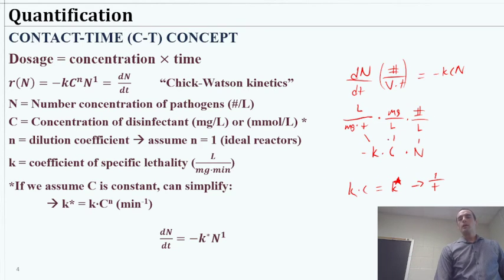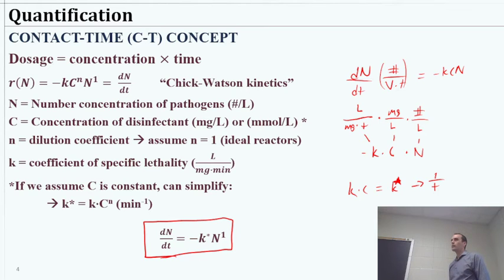It's important, and this gives us a way for the chlorine concentration to matter and the amount of time we put in it to matter. But ultimately, we can write this with a K star as a very simple reaction that we've dealt with many times already. Then we could put this reaction into a plug flow reactor, which is most common, or a batch reactor if we wanted to. Make sense?